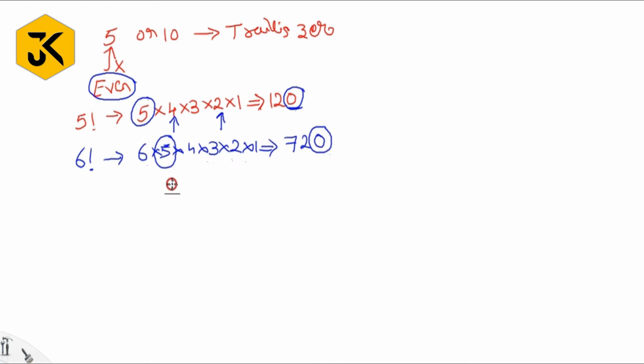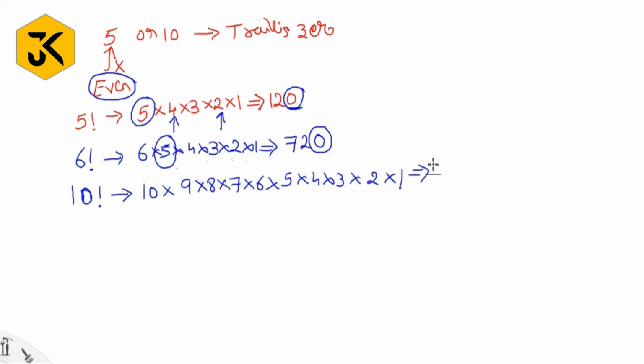So what I am saying is, whenever you want to find the factorial of a number, n factorial, if I am having multiple 5s, for example, let us take 10 factorial. In 10 factorial, how many 5s are there? 10, 9, 8, 7, 6, 5, 4, 3, 2, 1.